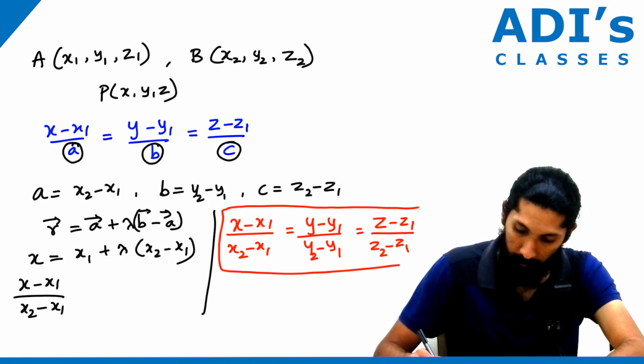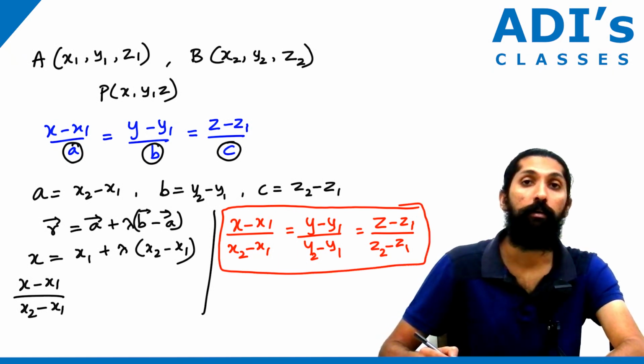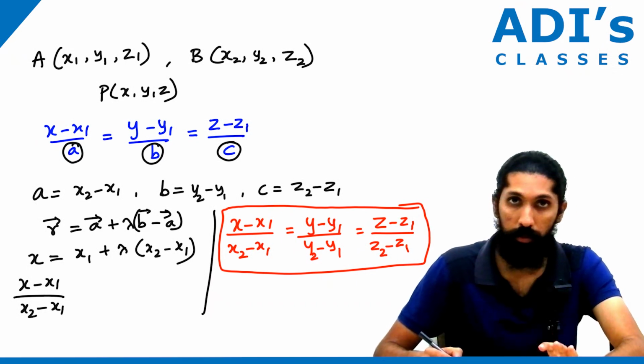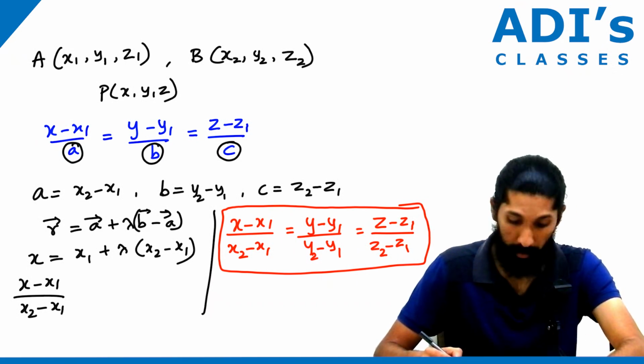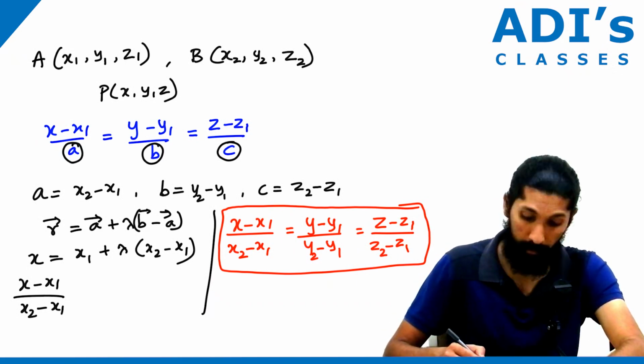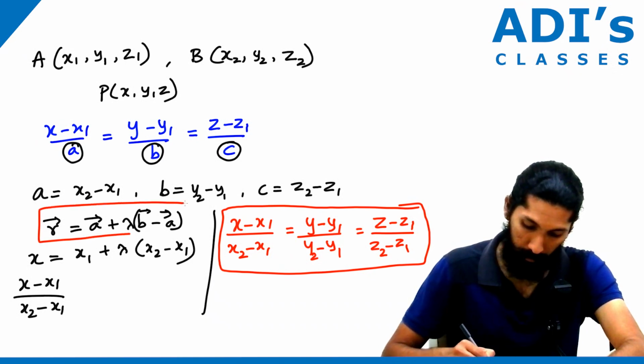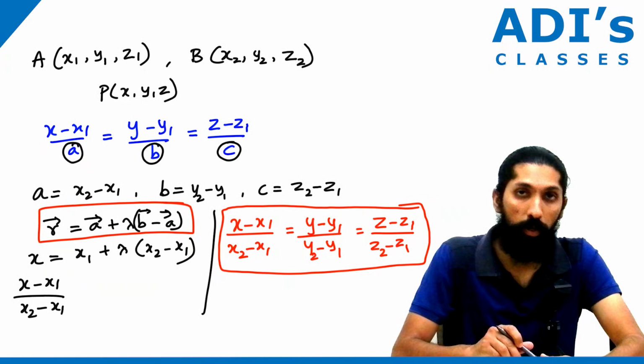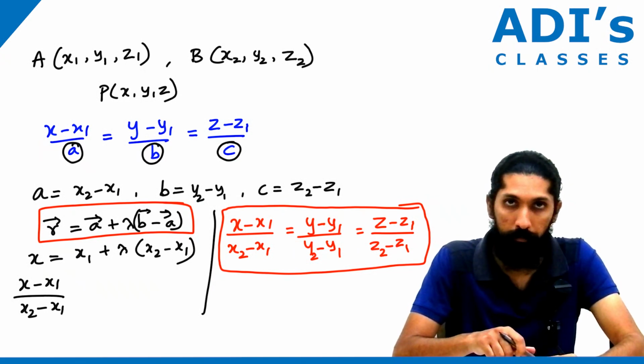This gives us the formula for the 2 point form in the Cartesian form. And if you want it in the vector form, this is going to give you the answer in the vector form. Now, there is one more thing which I wanted to tell you in the same thing.